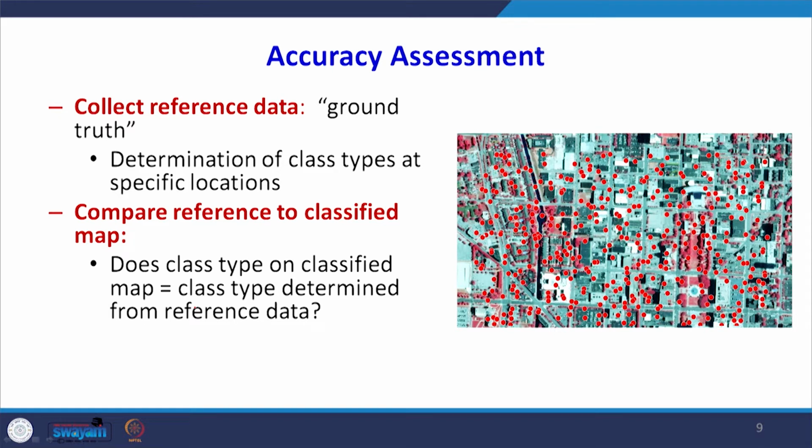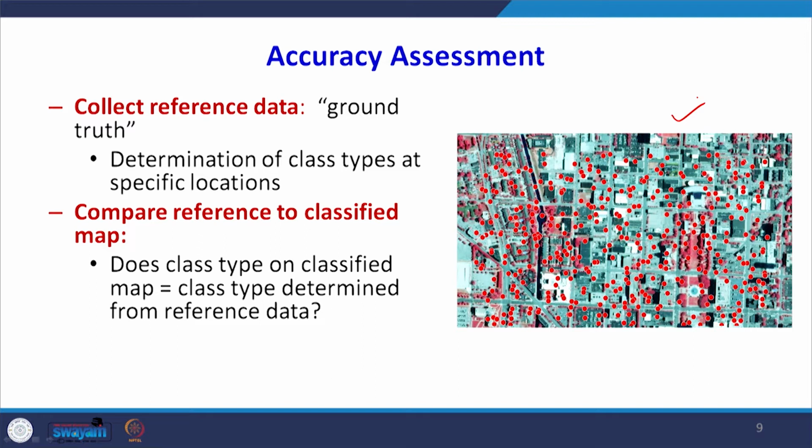But before we do that accuracy assessment, the ground reference data collection is very important. As you can see in the image here, those dots are the points which have been used to collect the ground reference data, ground truth data. We can only determine the correct accuracy assessment if our ground data is correct.